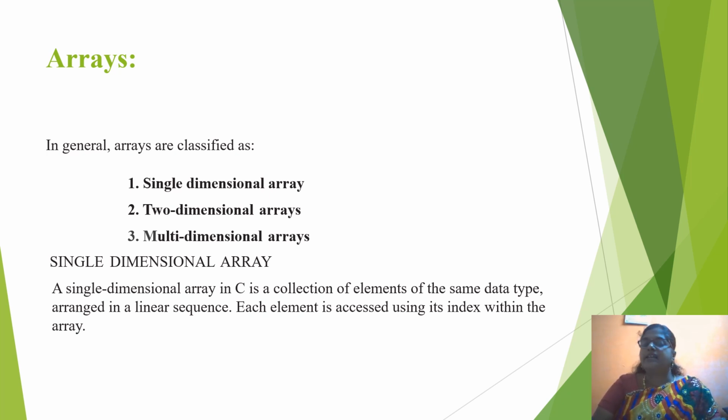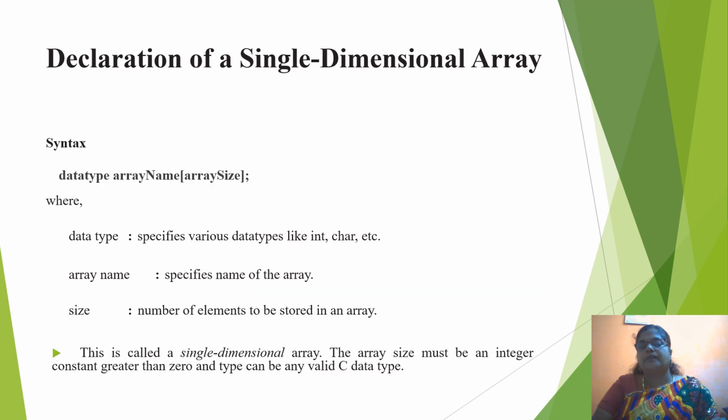A single dimensional array in C is a collection of elements of the same data type arranged in a linear sequence. In this, each element is accessed using its index. Declaration of a single dimensional array.